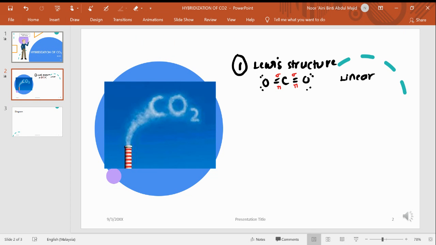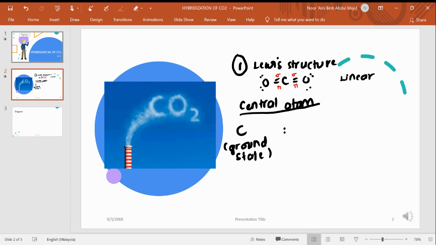Now we have the description for the central atom. C in its ground state has 4 valence electrons. For the orbital diagram, we focus on the valence electrons only.